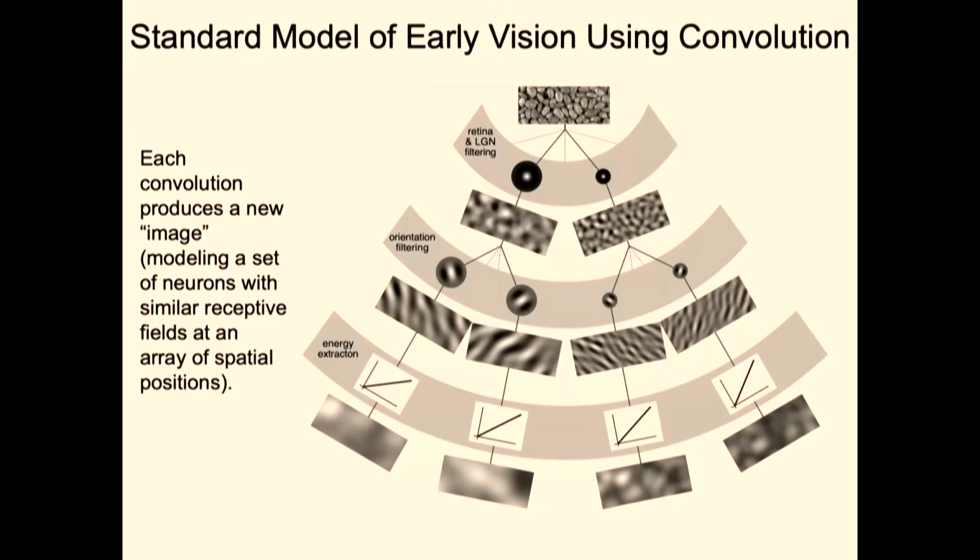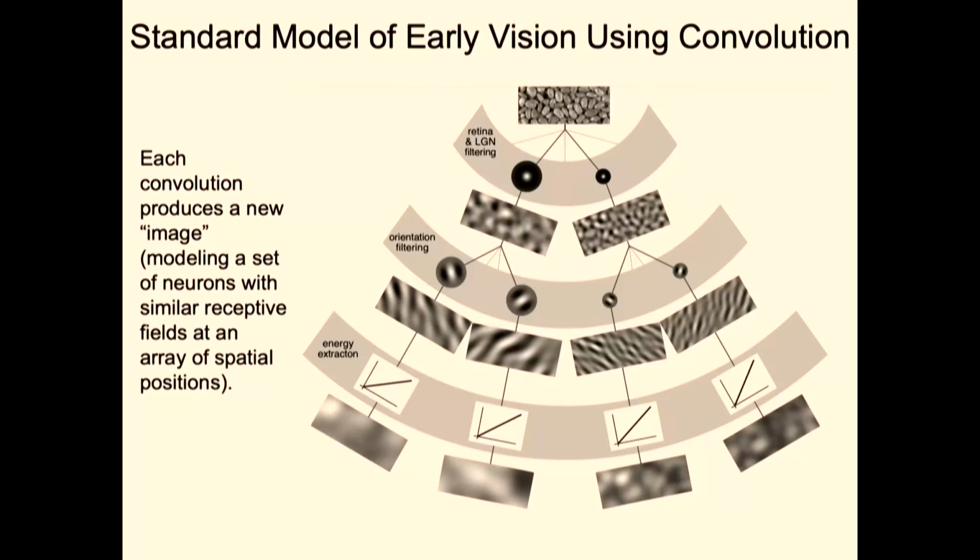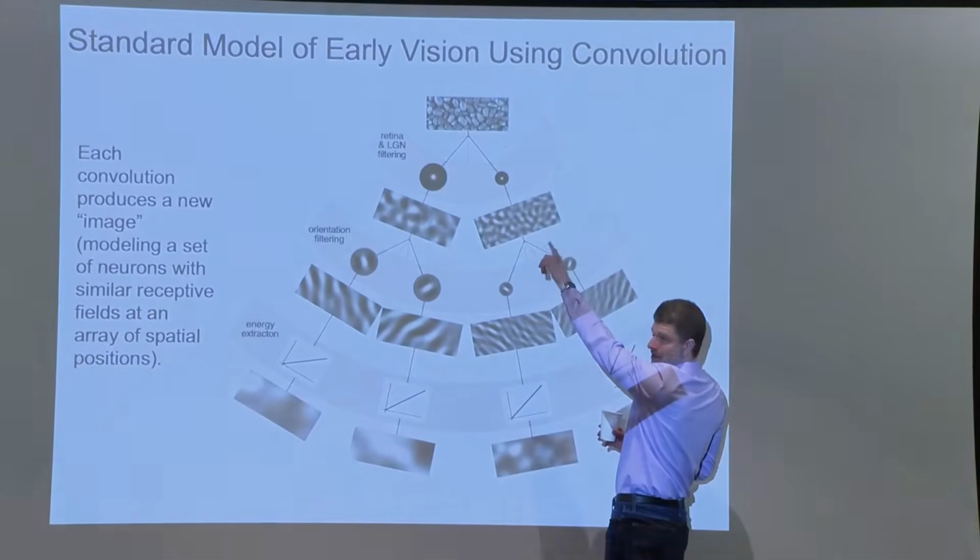See how there's a little white blob here? It's because there's an oriented beam in that place in the image.